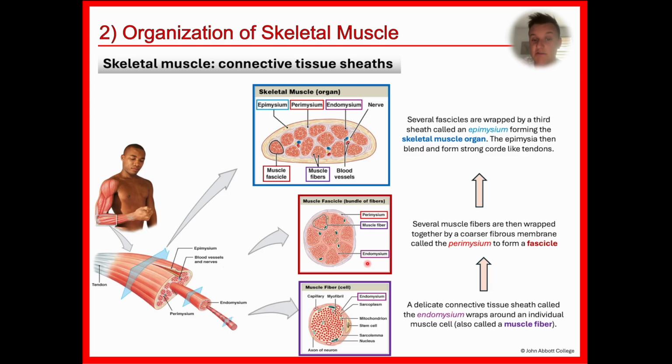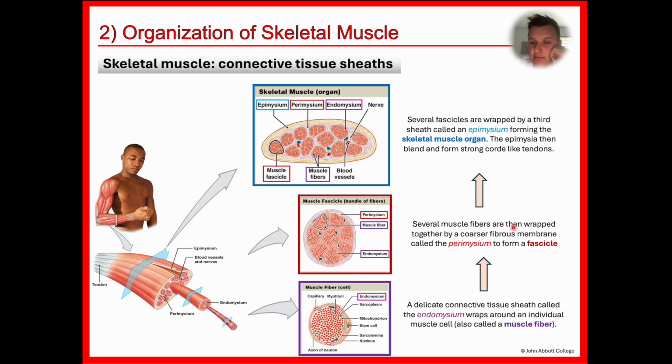I see eight muscle cells bundled into this grouping. I want you to know that muscle cells bundle together into groupings that are called fascicles. This is one fascicle. This is another fascicle, another one, right? So this is one whole fascicle that has many muscle fibers, muscle cells, in it.